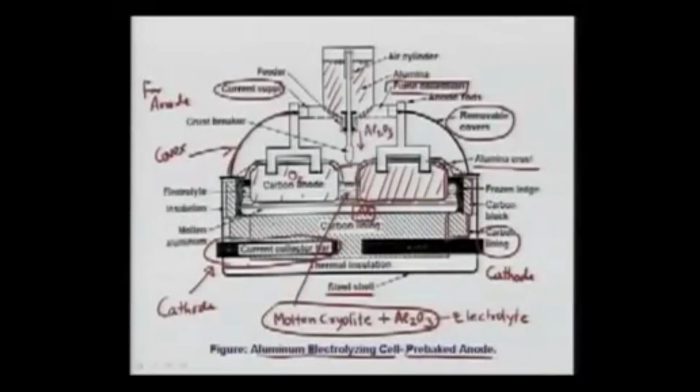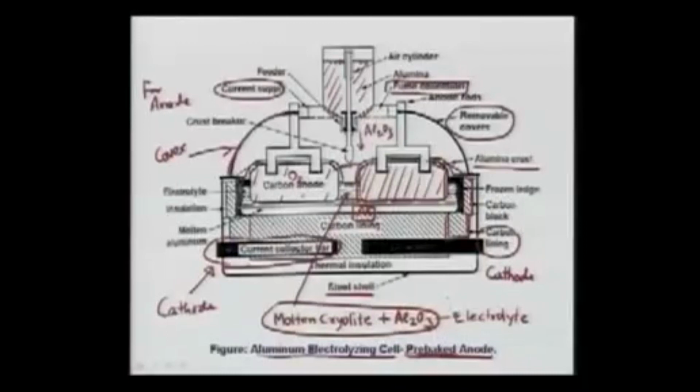So that's what is called already baked, so we call this pre-baked. But why do we need to say pre-baked? Because this system I'm defining to you right now is a pre-baked anode, but there are technologies where the anode need not be pre-baked, and we'll see those in a moment.